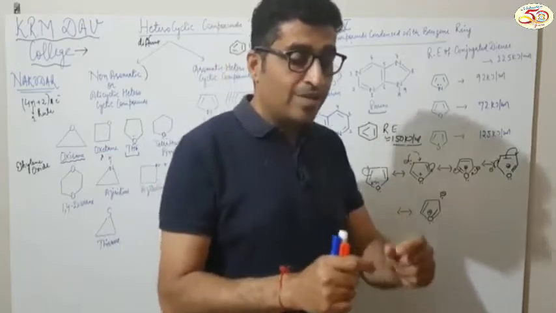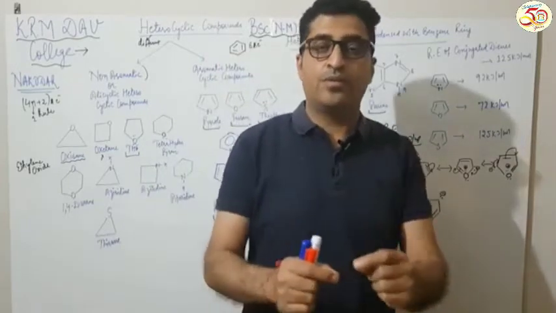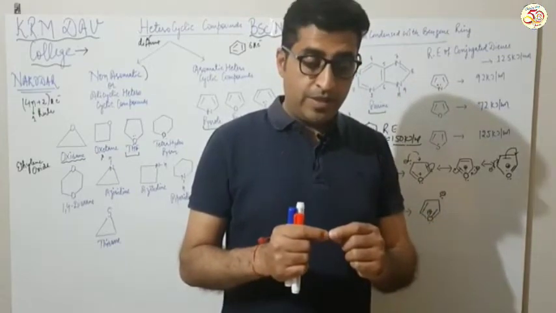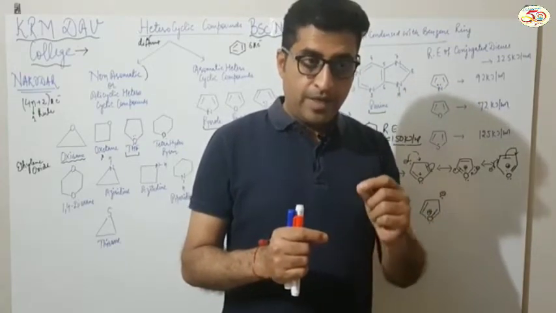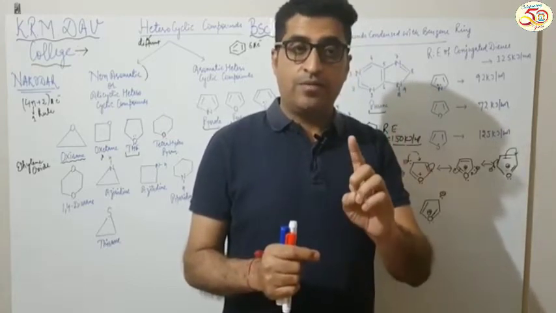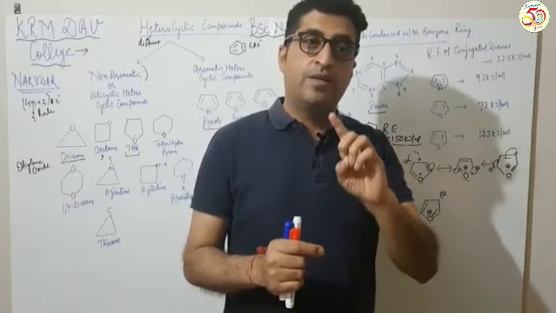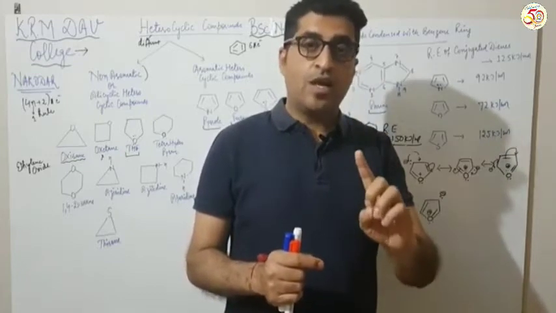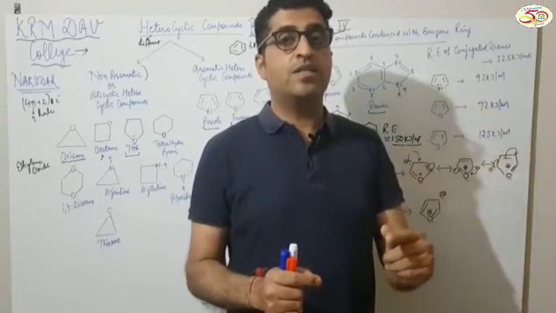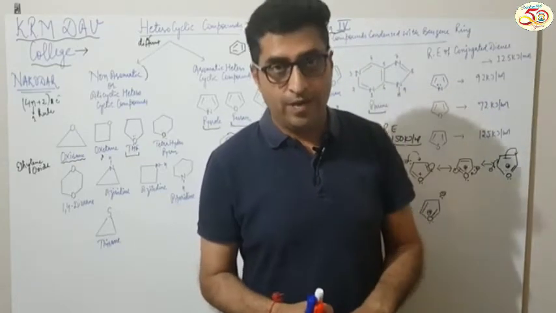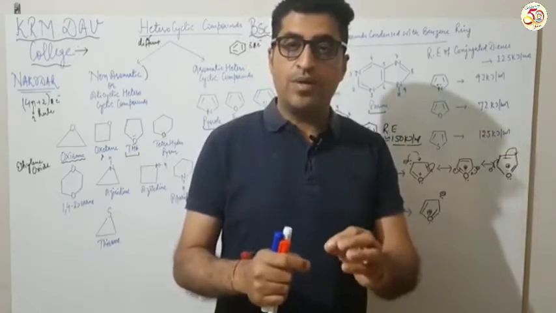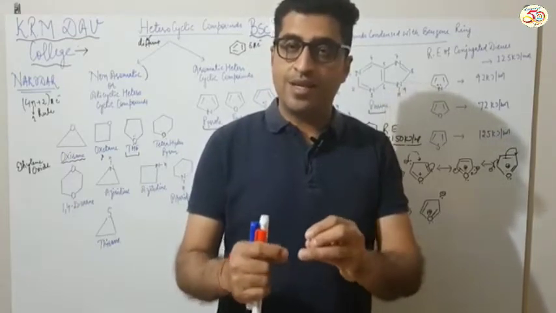So this is the basic rule of resonance. One basic point is, that structure is stable where positive charge is lying on a less electronegative element and negative charge is lying on a more electronegative element. It means positive charge on an electronegative element is less stable.